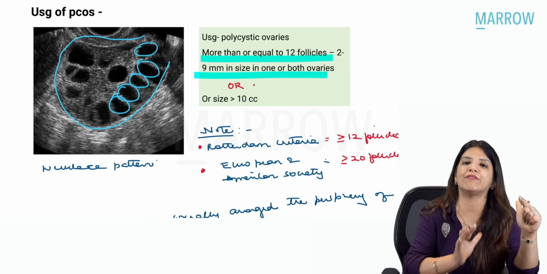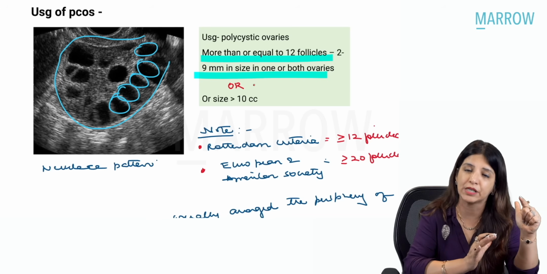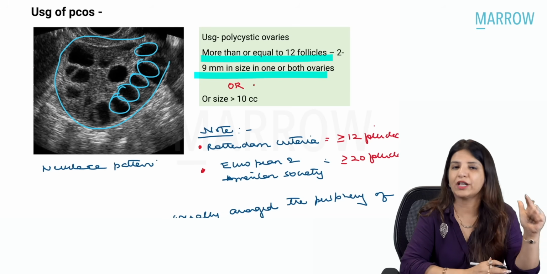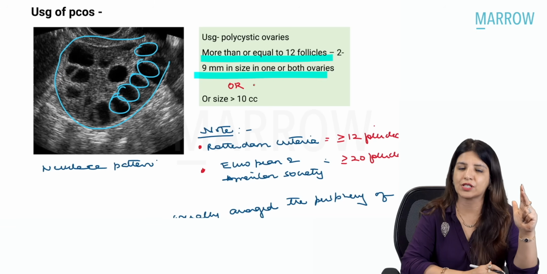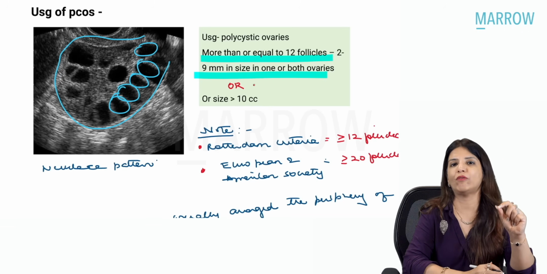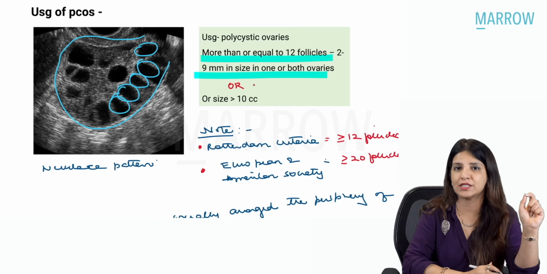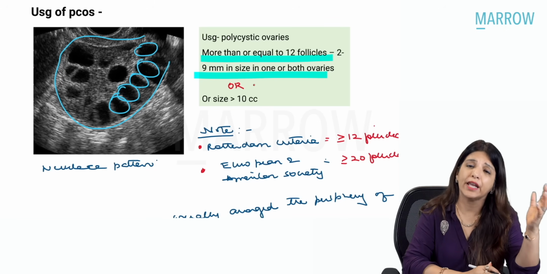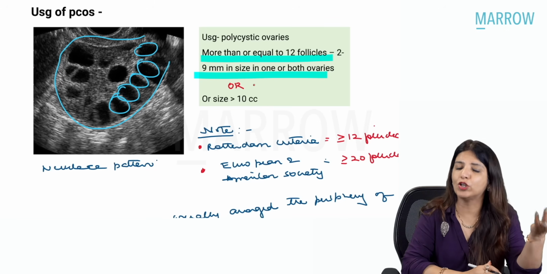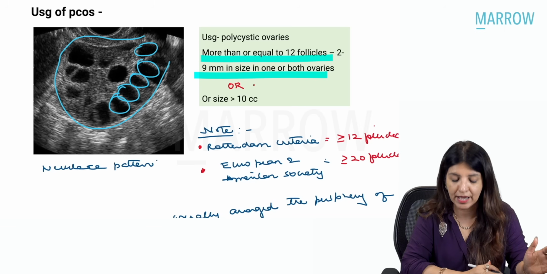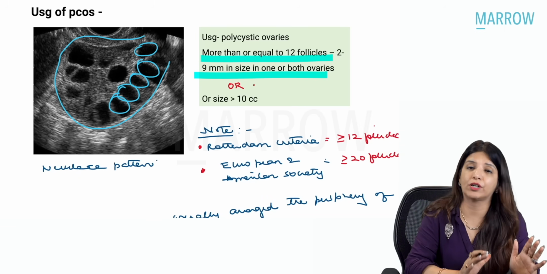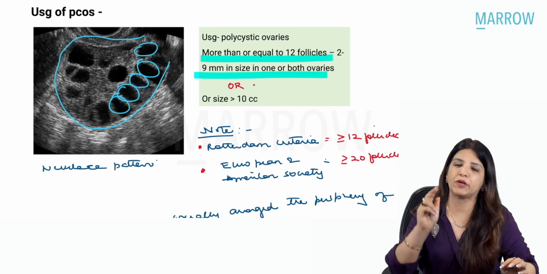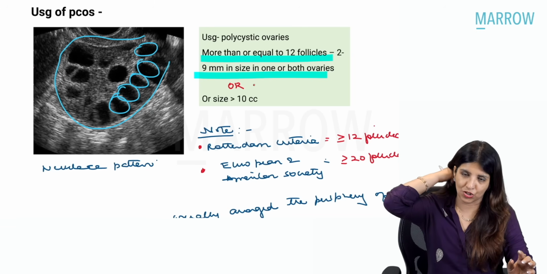If a female is having less than 9 cycles in a year, that means it is oligomenorrhea. And number 3 is polycystic appearance of the ovaries on ultrasound. That means more than or equal to 12 follicles, which are 2 to 9 millimeters in size, in one or both the ovaries, or if the volume of the ovaries is more than 10 cc. That is what is included in Rotterdam criteria. Out of these 3, Rotterdam says any 2 should be present to say that your patient has PCOS.